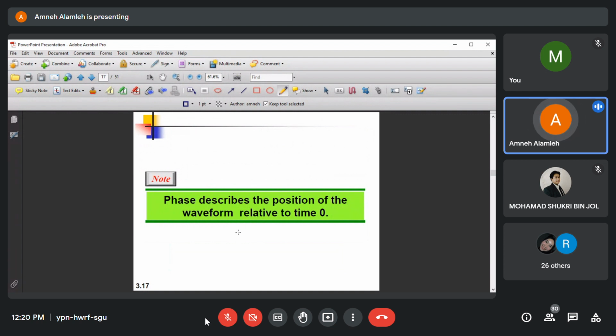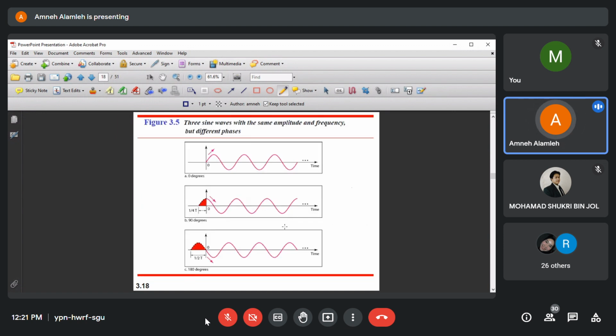The phase of the signal is another feature or attribute of the signal. It describes the position of the waveform relative to time zero. We will have this example.